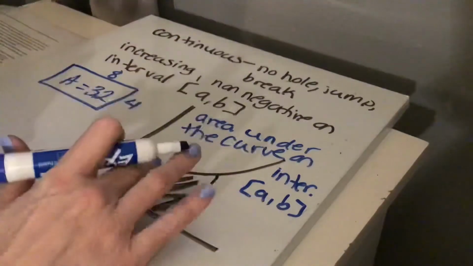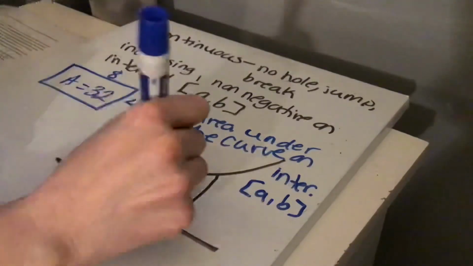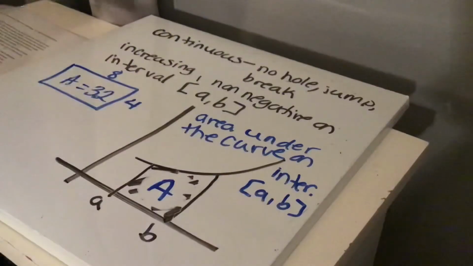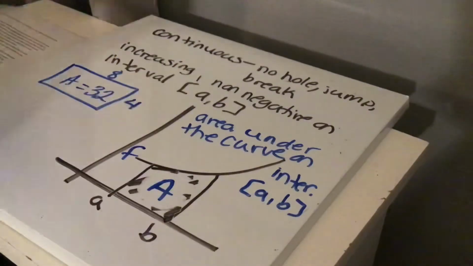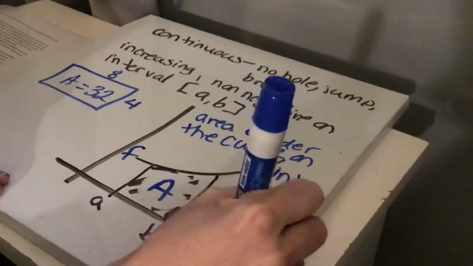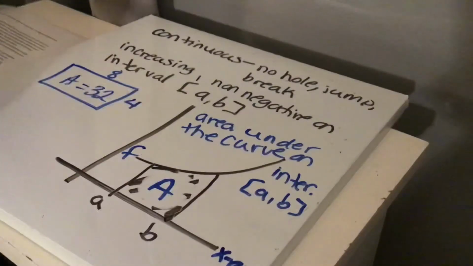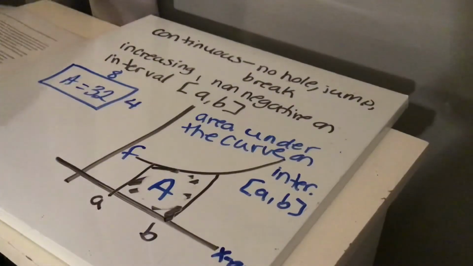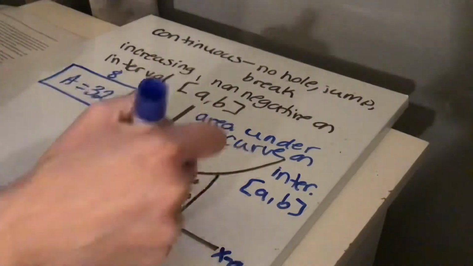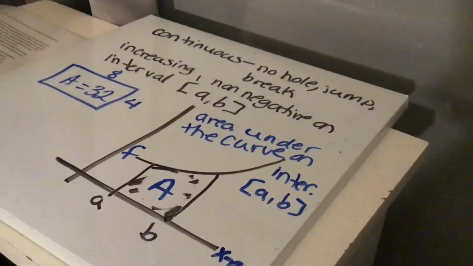Then, looking at this curve, we're going to say this is A. So A lies under the function f, above the x-axis, and between x values a and b. Right? But what is this value of A?